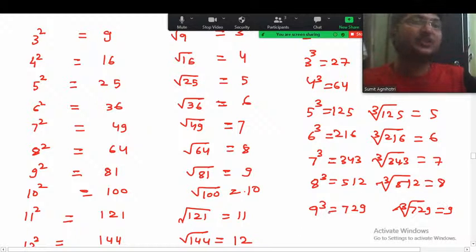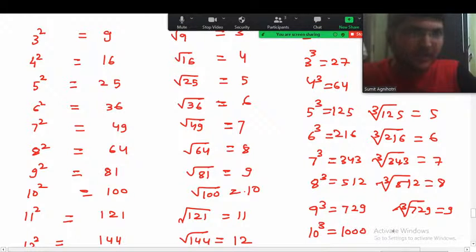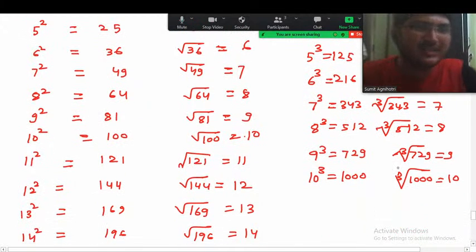I will suggest you remember cubes up to 20 and squares up to 50. That's also going to help you a lot in higher classes. But now I just suggest you remember squares up to 30 and cubes up to 10 or 15 if you can. 10 cube is 1000, and cube root of 1000 is here 10. Why do we say so? You can just figure it out.